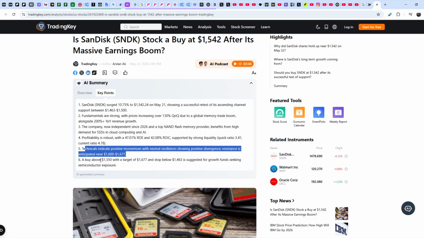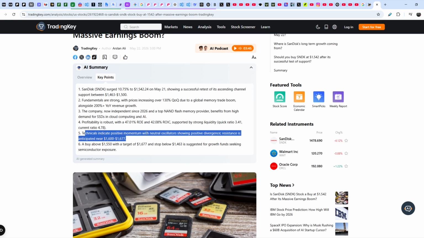A buy above $1,550 with a target of $1,677. Stop below $1,463 is suggested for growth funds seeking semiconductor exposure. And guys, I have to admit that from the technical standpoint, I only partially agree with this forecast, and in a minute I will show you what I'm talking about.